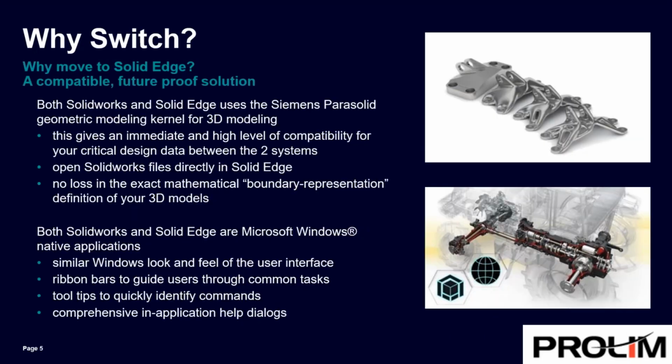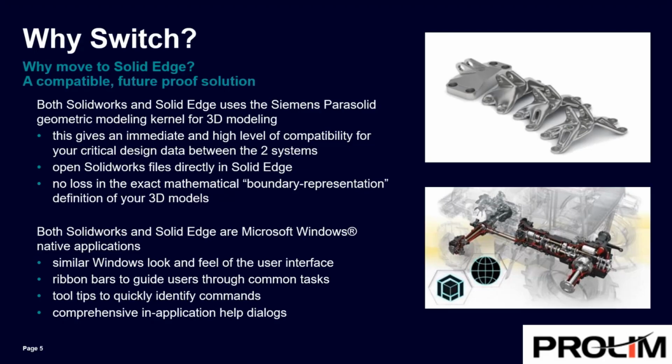Let's clarify a few things just to start. Both SolidWorks and Solid Edge use the Siemens Parasolid geometric modeling kernel for 3D modeling. This gives an immediate and high level of compatibility for your critical design data between the two systems. So we can open SolidWorks files directly inside of Solid Edge, and we have no loss in the exact mathematical boundary representation, or BREP definition, of your 3D model.